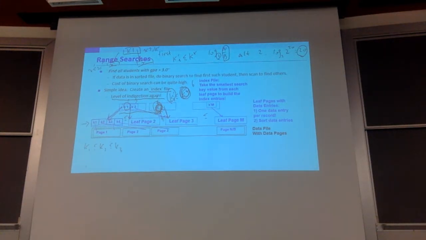Suppose it's like this. You have one here and one here. That basically means this leaf page is all ones, right? Everything on the right is going to be larger than or equal to the key k prime 2, and everything on the left is going to be smaller than or equal to this k prime 2.